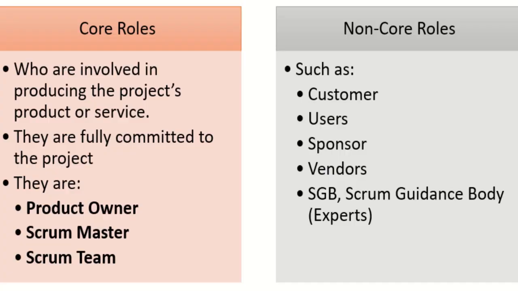Actually, here in Scrum, we have two main parts, the core roles and the non-core roles. The core roles include the product owner, the Scrum Master, and the Scrum team.